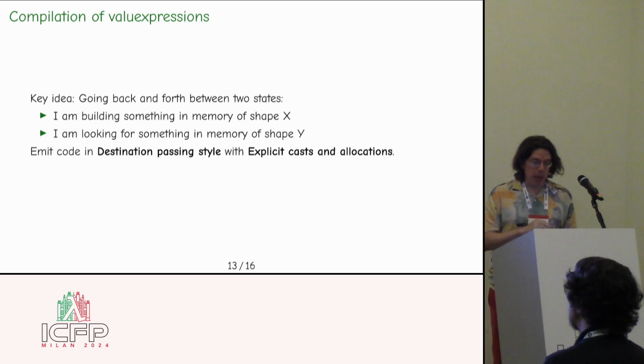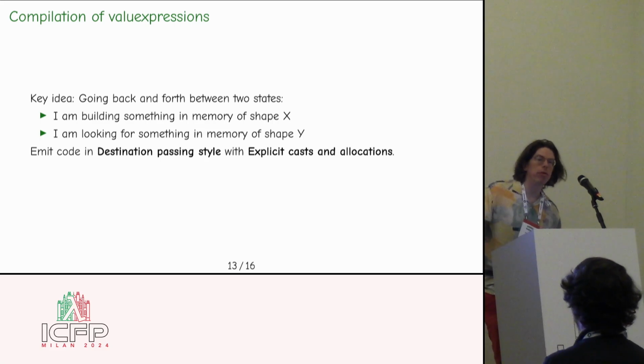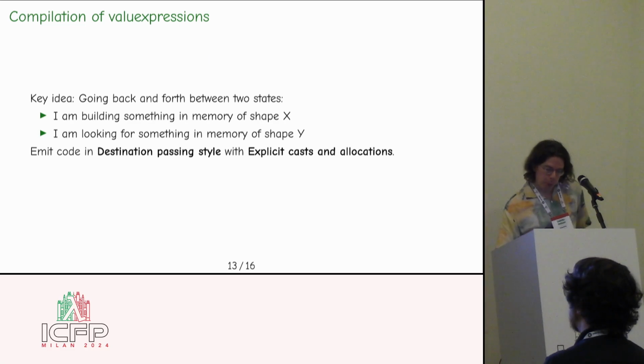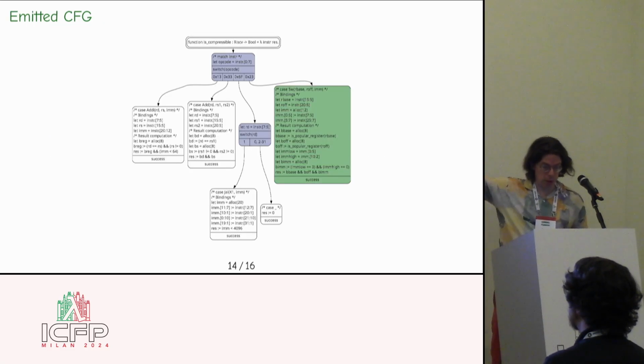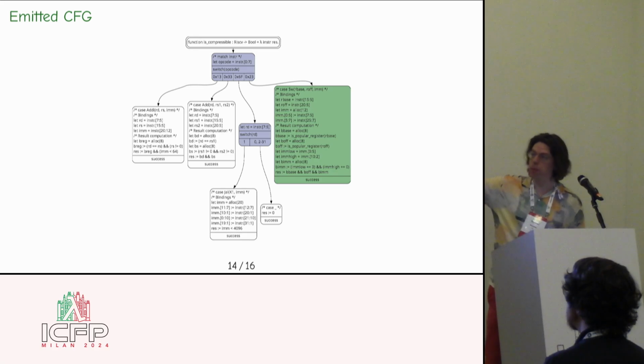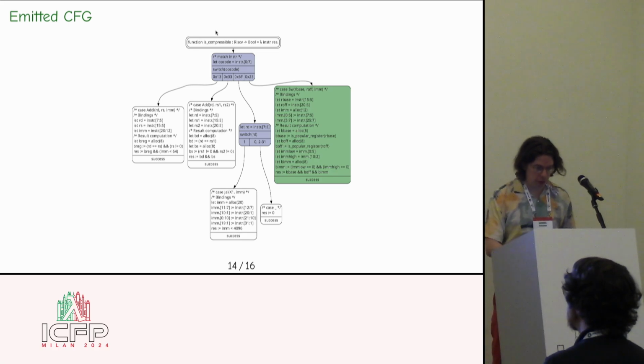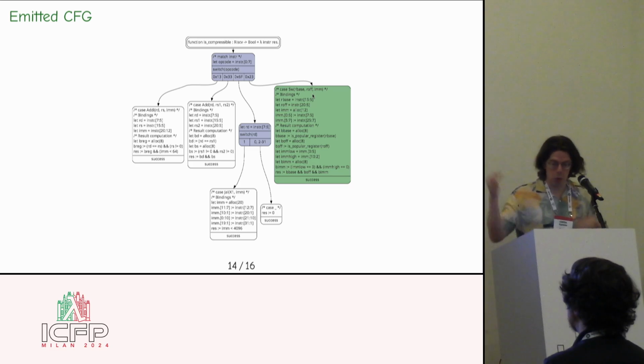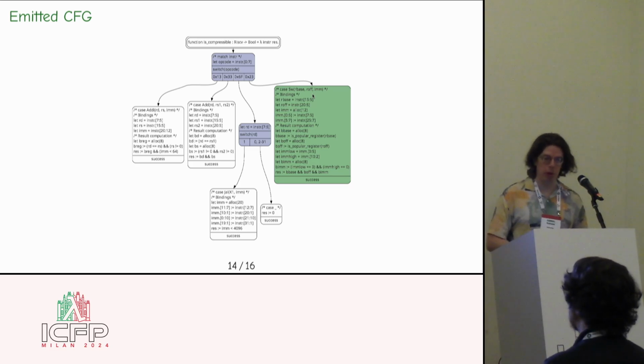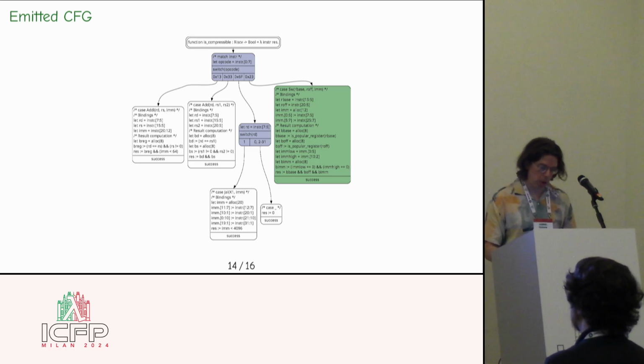And we emit code with explicit casts and allocation on the different memory representations. So for the example, it looks like this. You don't have to read it. The important bit is that the part in purple here is the pattern matching stuff. And here in green is the SW case, which gives a pretty compact code in practice.